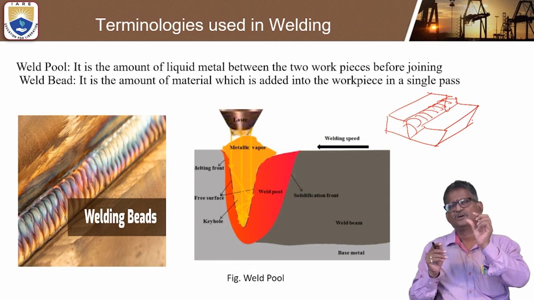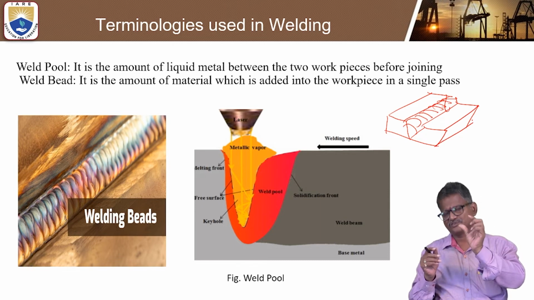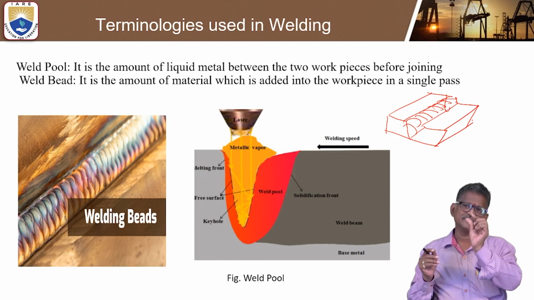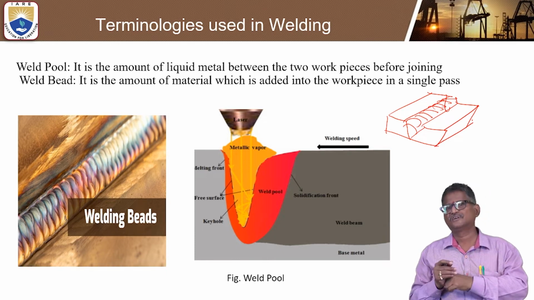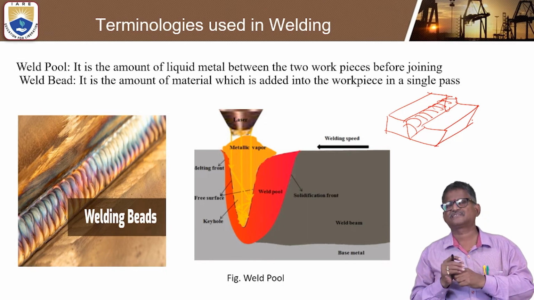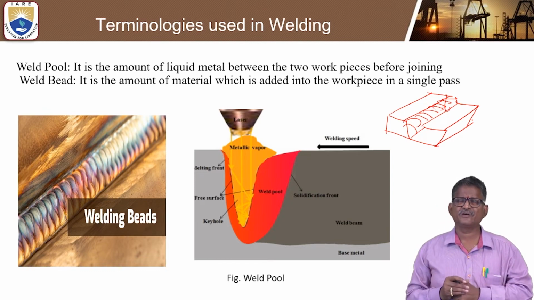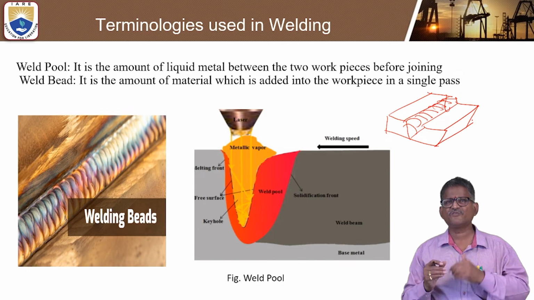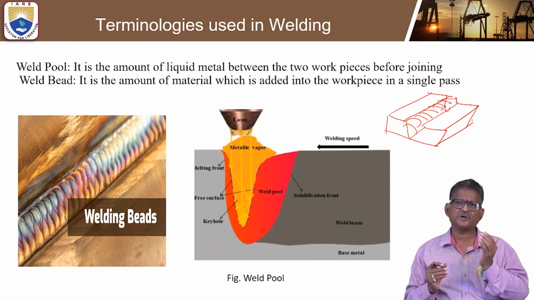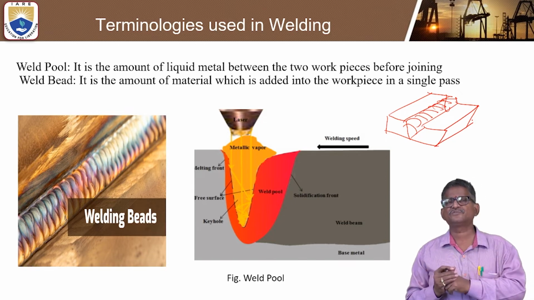If the weld pool thickness is more, it will be stronger, and if the weld pool thickness is less, it will have very little strength. That is why, in the fabrication process and welding process, the weld pool is one of the most important techniques.